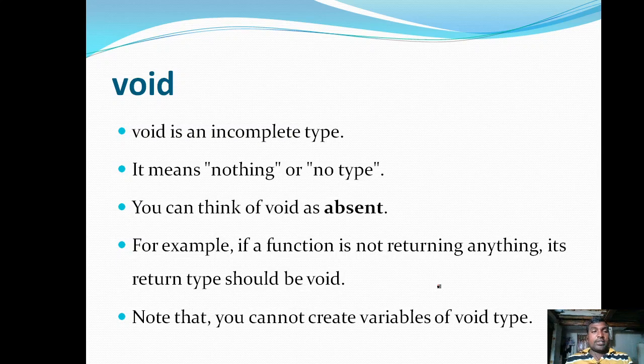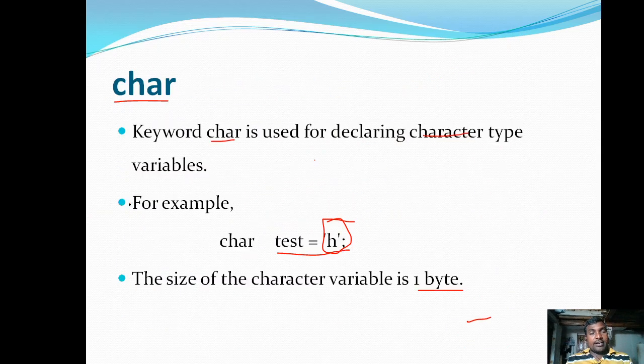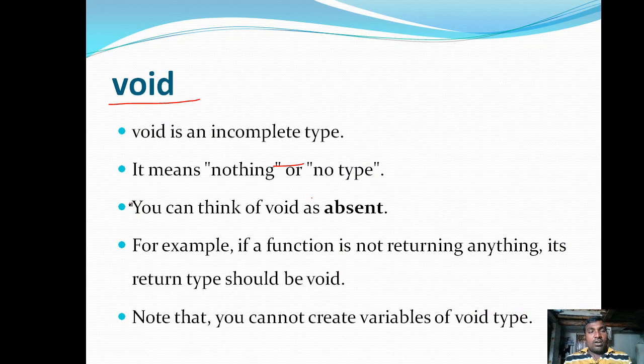Now coming to one more data type, that is the void data type. Generally this data type is used along with functions only. In the remaining cases, int, float, double and char are the primitive data types. Void is an incomplete type. It means nothing, or no type.